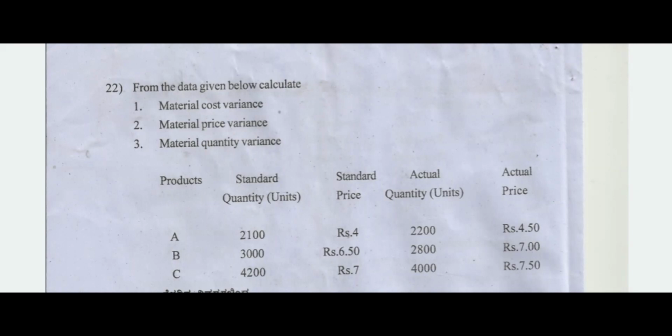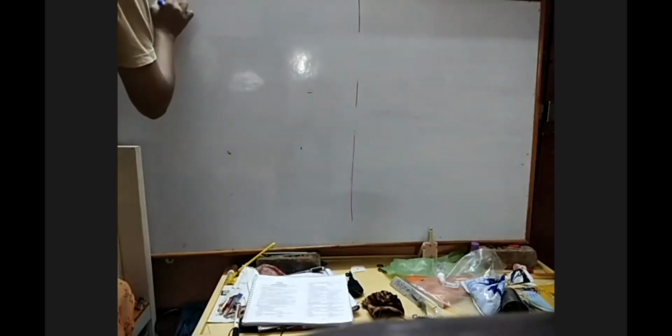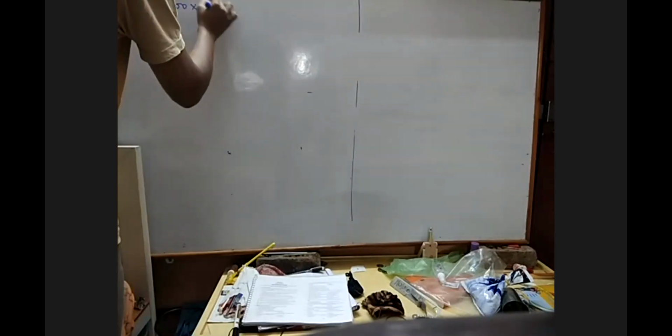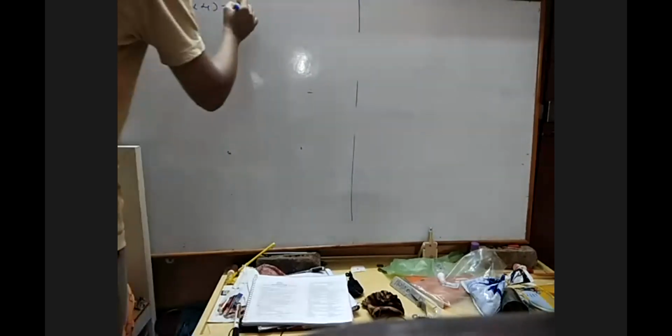Okay, so first, we will go to product A, material A. Material A: 2,100 into 4 minus 2,200 into 4.5.